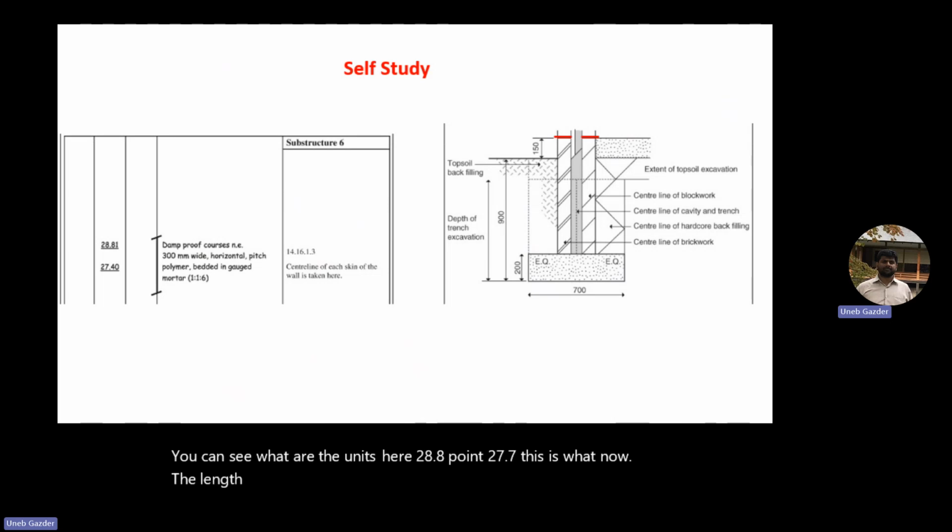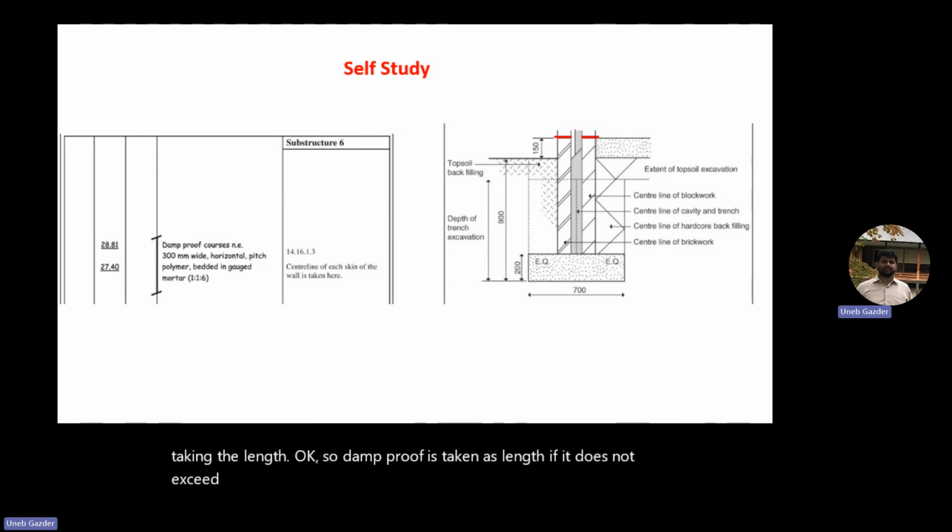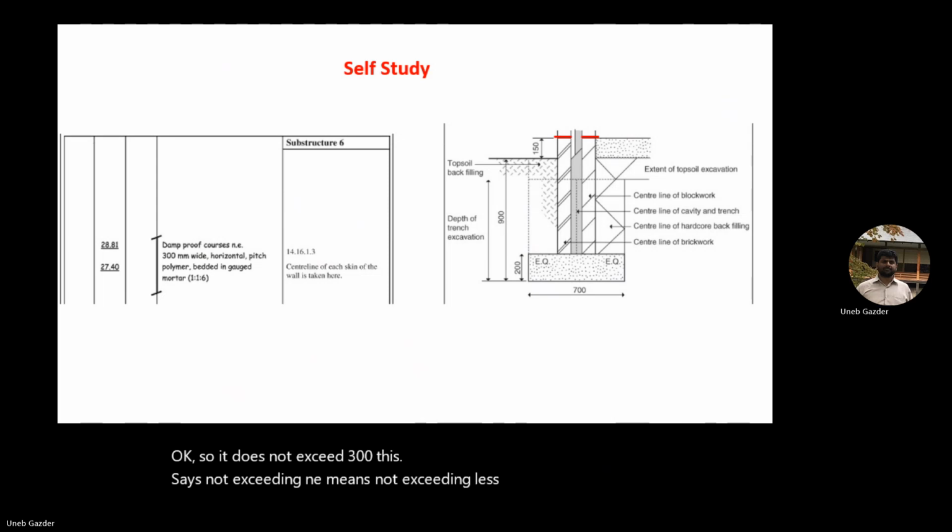Damp proof is taken as length if it does not exceed 300 millimeters width. My wall is 277 point something, remember. So it does not exceed 300 millimeters. This says NE, not exceeding. Less than, less than or equal to.